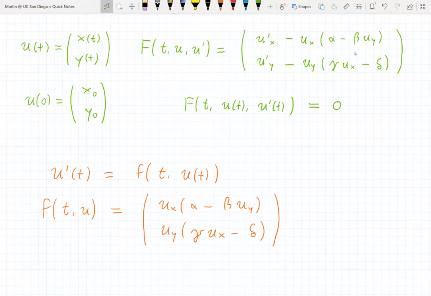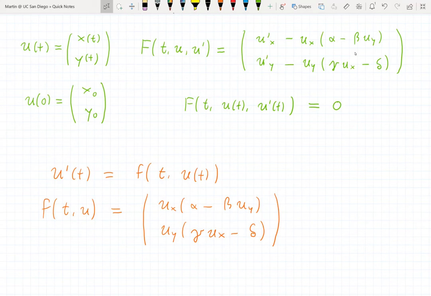If we put this into the form of a Cauchy problem, we can also rewrite this as u prime of t equal some function f of t, u of t, where this new function f of t and u is defined as the vector of its first component ux times, in brackets, alpha minus beta uy, and the second component is uy times, in brackets, gamma ux minus delta.